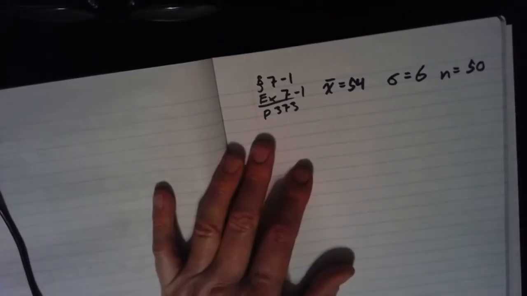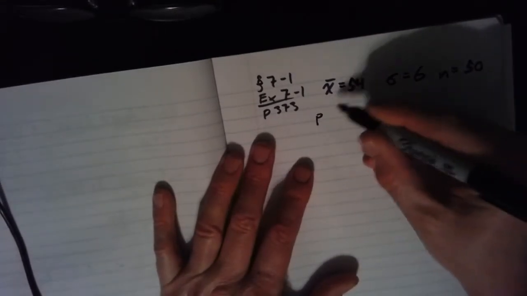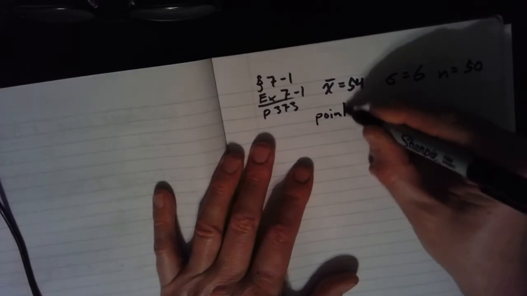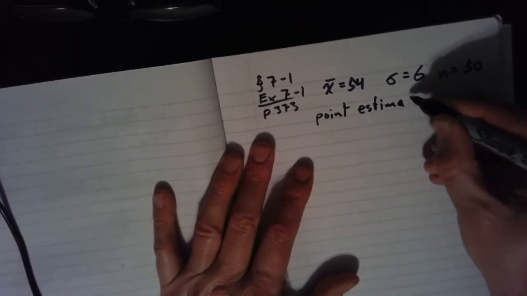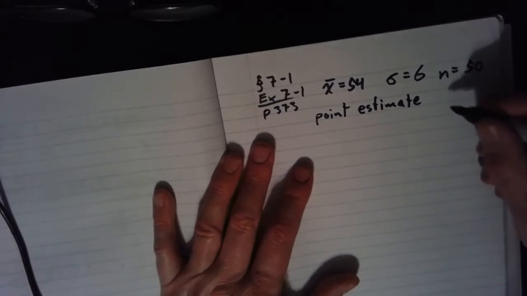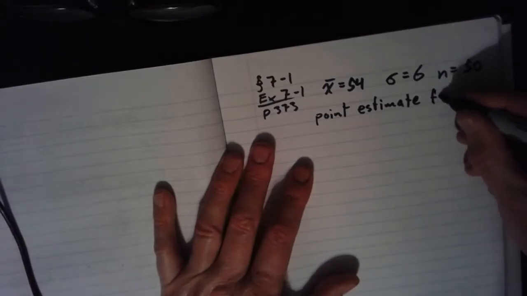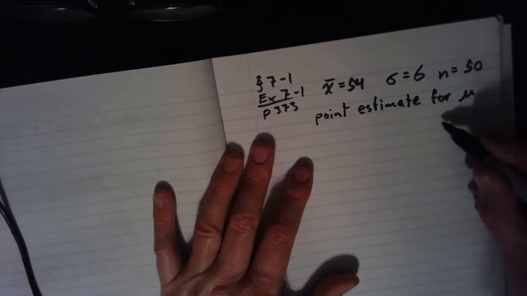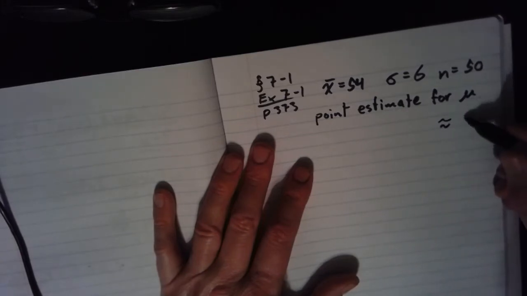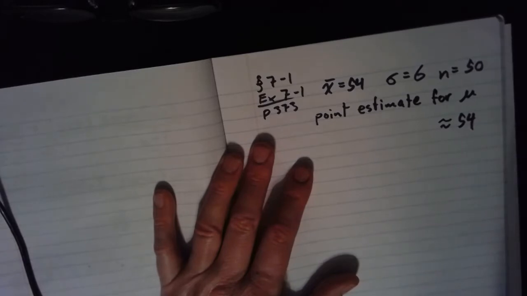At first, though, it says the best point estimate. So what is a point estimate? Remember, a point estimate is just a single value. The point estimate for mu would be approximately 54.